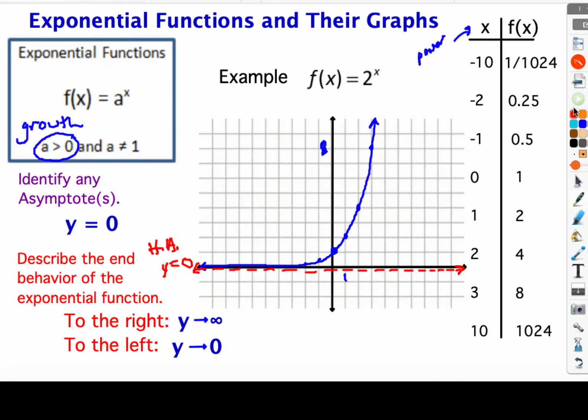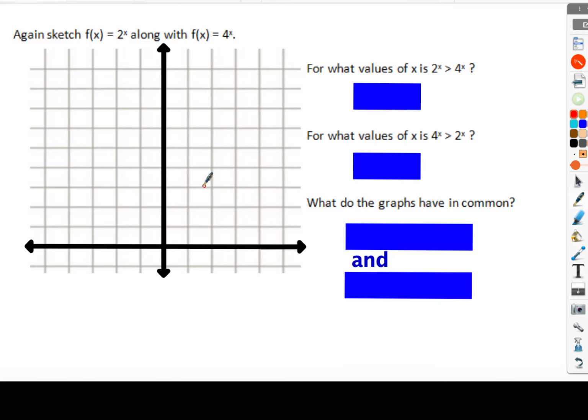Let's answer a couple of quick questions, just a few things we want to remember about exponentials. So again, we just plotted 2 to the x. I'm going to go ahead and go by halves here. So I'm going to call this a 1 right there. Remember that 2 to the 0 power was 1. 2 to the first actually went up to 2, and 2 to the second would have gone up to 4.